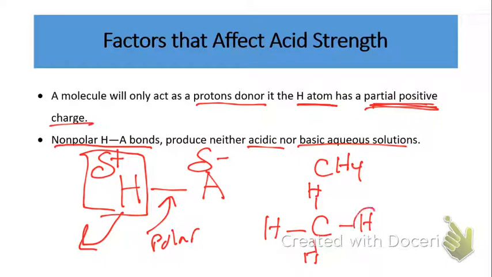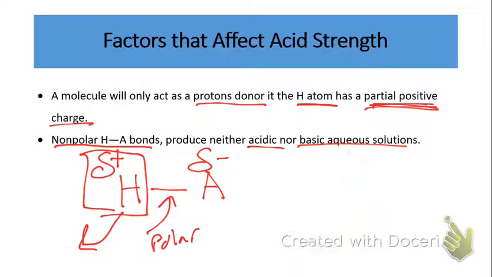So these hydrogens are not going to be acidic hydrogens because there's no partial positive charge on those hydrogens. So methane is a very terrible acid, and very unlikely that it's going to give up its protons at all.